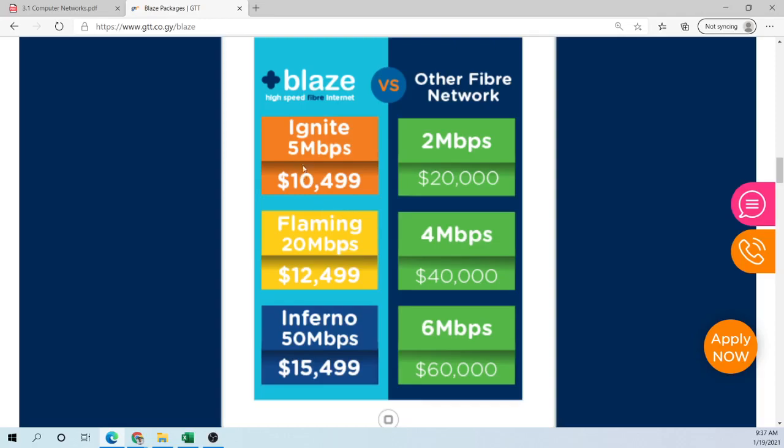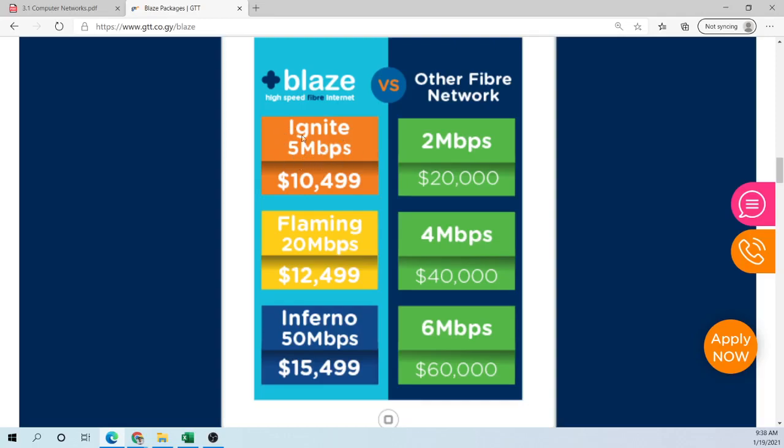So that's why you will always see bits per second, and that is what may confuse a lot of persons, because they might be saying, "Oh, I'm supposed to be getting 5 megabytes per second," but in actuality, you are getting 5 megabits per second.